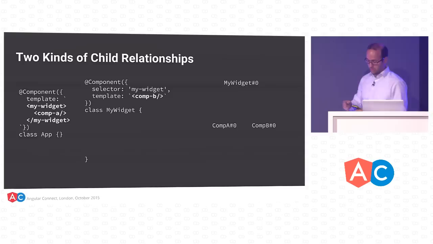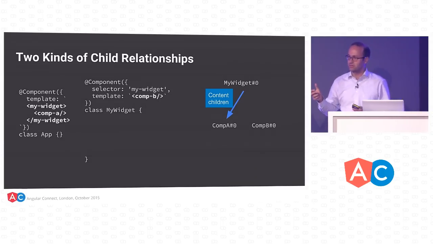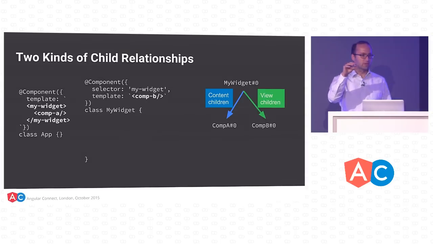So there are the instances of this when it's live. We call component A a content child of MyWidget, because you could select it with ng-content. Right? This was exactly the relationship we had between tabs and tab title. And the other one we call a view child. We call it view child because when Angular instantiates a component, it takes the template, clones it, and the result of instantiating a template we call a view.